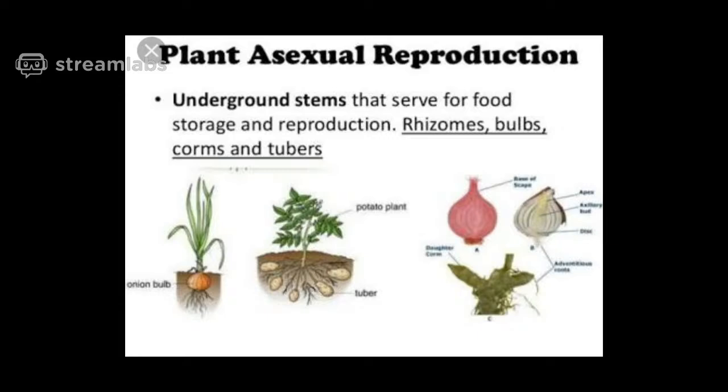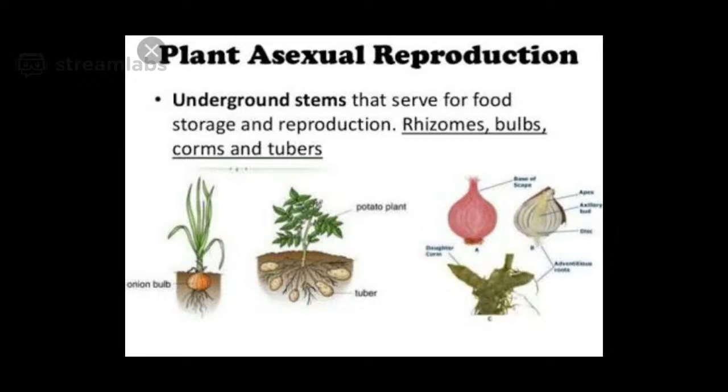Bulbs and tubers so easy to propagate. If you grow one bulb, it divides into many bulbs within the soil. Separate the bulb and grow it as a new. And tubers. Potato is very good example for tubers.